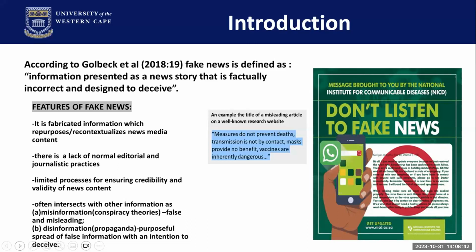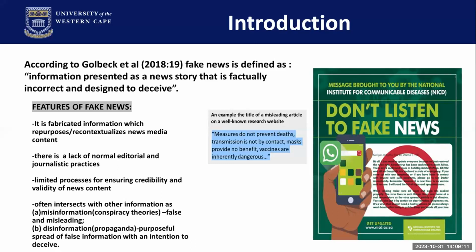It is fabricated information which repurposes, recontextualizes news media content. There is a lack of normal editorial and journalistic practices. It is limited to the processes for ensuring credibility and validity of news content, and it often intersects with other information such as misinformation, conspiracy theories, and disinformation, which is often propaganda or purposefully spreading false information with an intention to deceive.